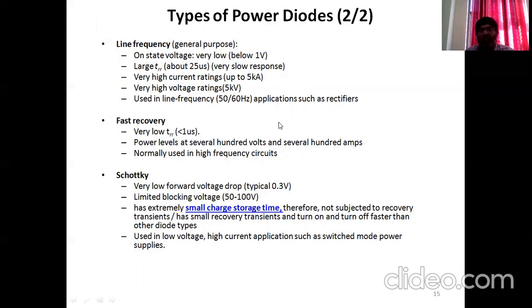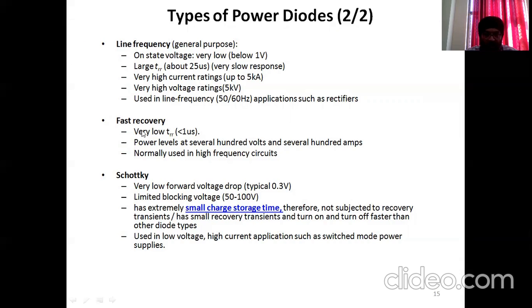So with more doping levels, we can have slower response. So more charge carriers need to be recovered or recombined before steady state condition is achieved. So they are basically used in rectifiers, because in rectifiers we do not have high speed requirements, where we need about 50 to 60 hertz of frequency.